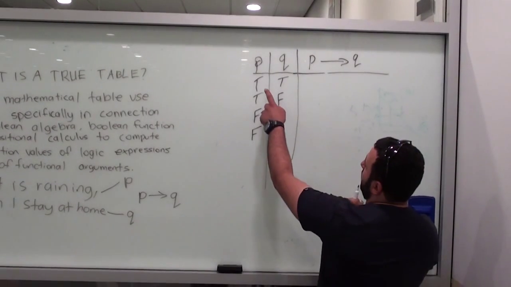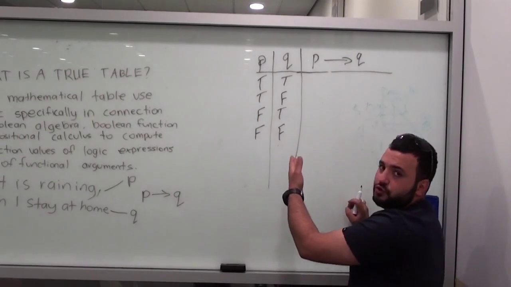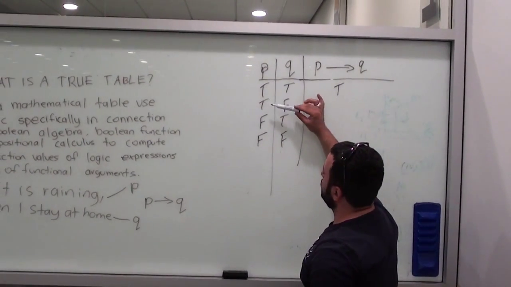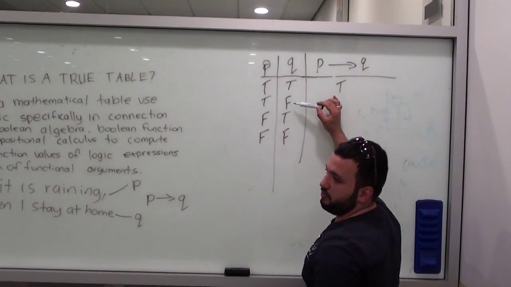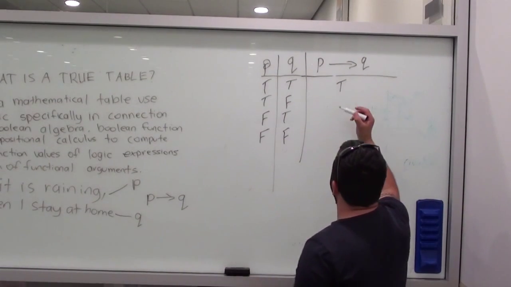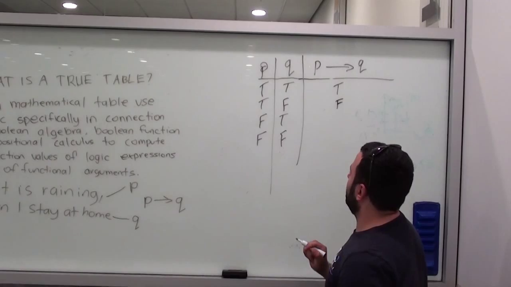So, it's raining, and I stayed home, which is true, ends up with true. Now, the next one says, it's raining, but I didn't stay home. So the whole proposition of Q was false. So it gives us a false answer.